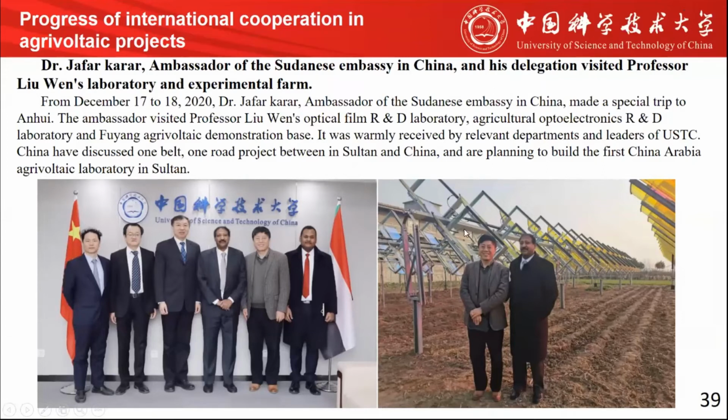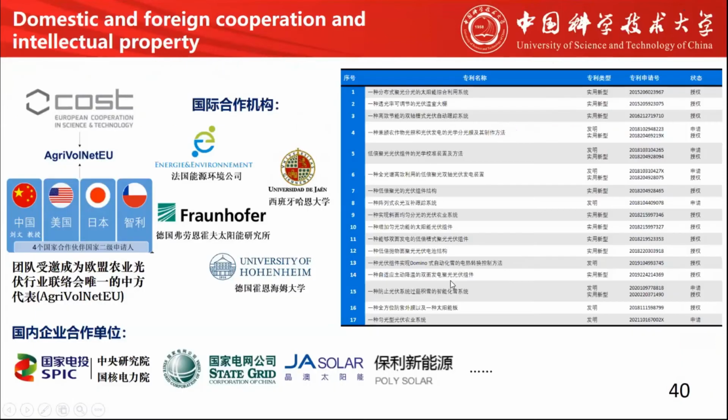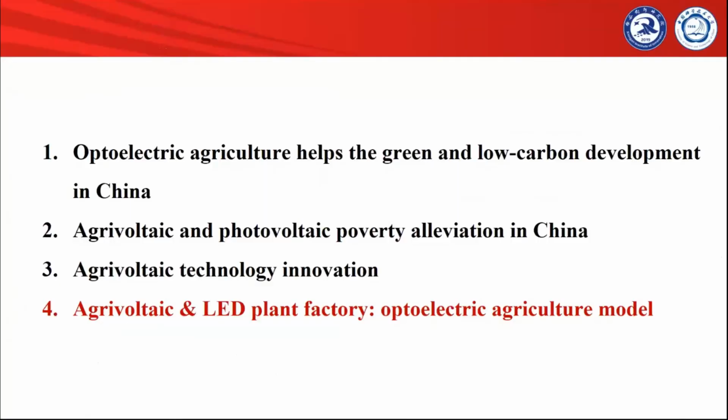We also have a lot of joint projects with some enterprises and international research groups, universities. Okay, that's the first thing, the introduction. The second thing is really optoelectronics, the major topic of today.